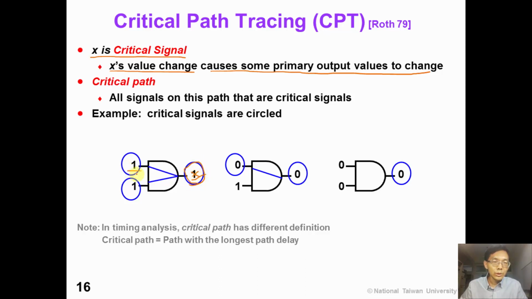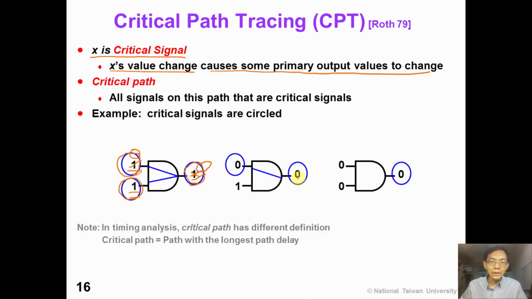For these two gate inputs, they are both critical signals because they are non-controlling values. If this one is flipped to 0, the output would also be flipped to 0. So this is of course a critical signal. And similar things here.